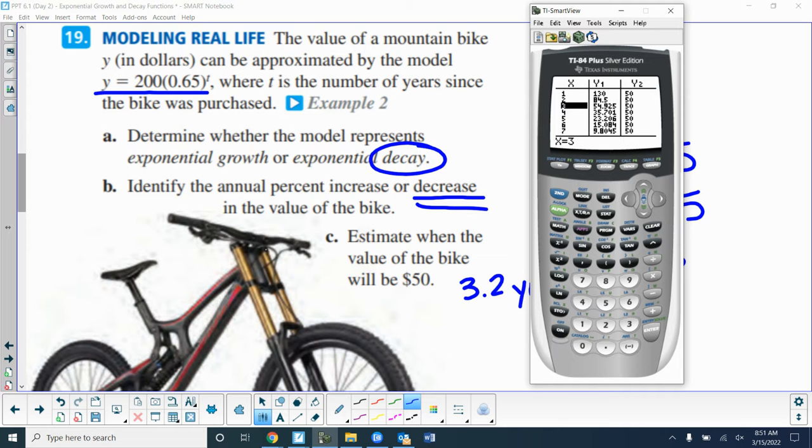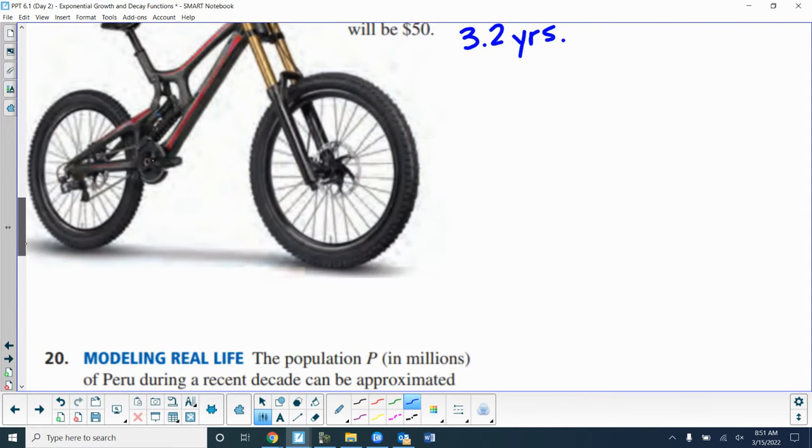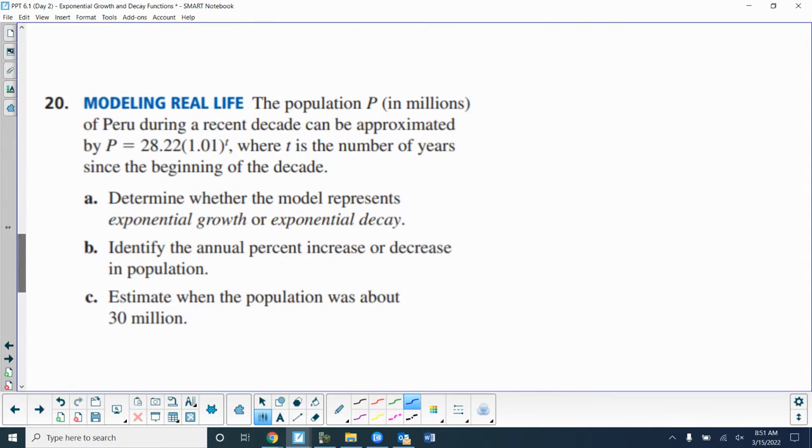Okay? Looking at the table. So either way is fine. Okay, like I said, we'll learn how to solve those equations when we get back from break.